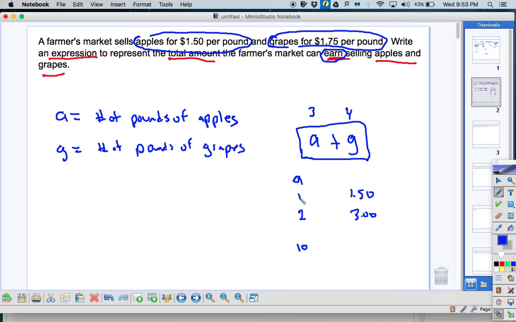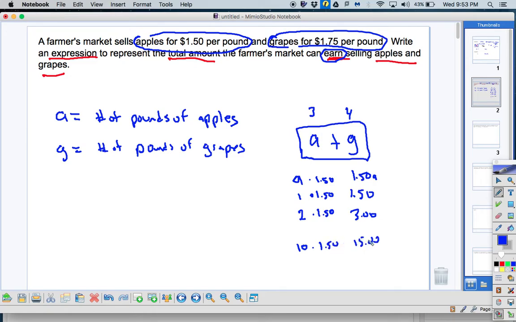Well, we could have added $1.50 each time, or I could say I'm going to take that 1 pound of apples and multiply it by $1.50. And I could take the 2 pounds of apples and multiply it by $1.50. So if I take A and multiply it by $1.50, I should get the total amount, and we're going to write that as $1.50 A. So if I want to know how much 10 is worth, we do 10 times $1.50, which ends up being $15.